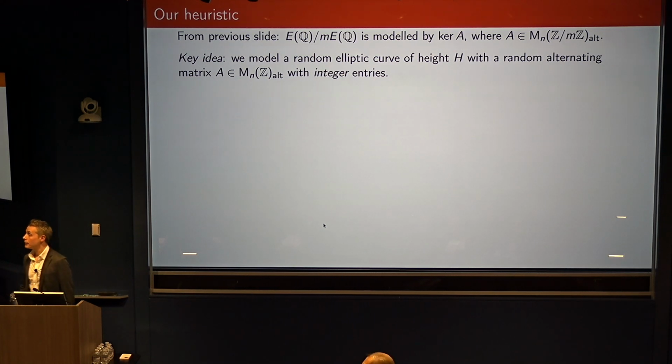Yeah? What do you mean by taking a limit as M goes to infinity? Because if there was a limit, I could take the limit through primes, and then something weird happens. Let's see, what can I say?